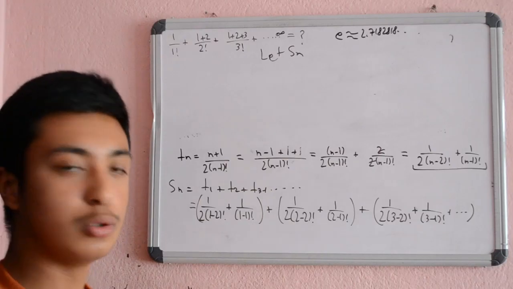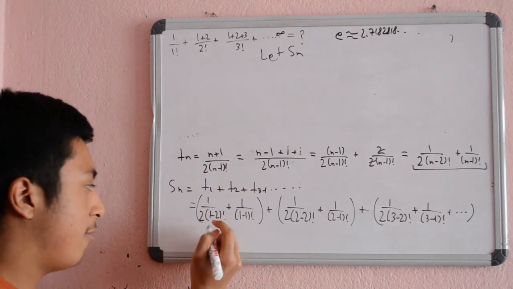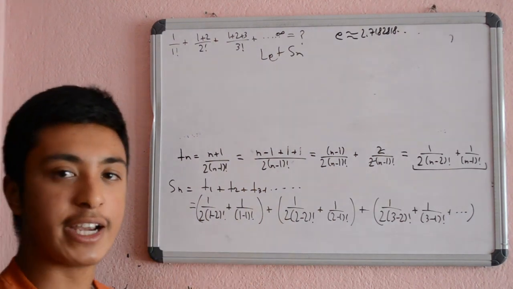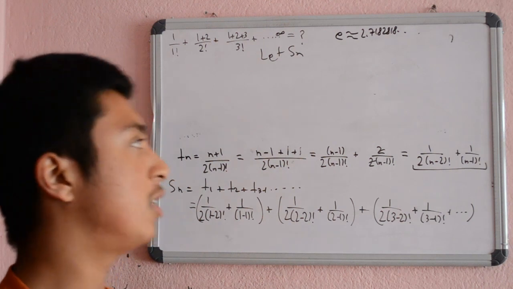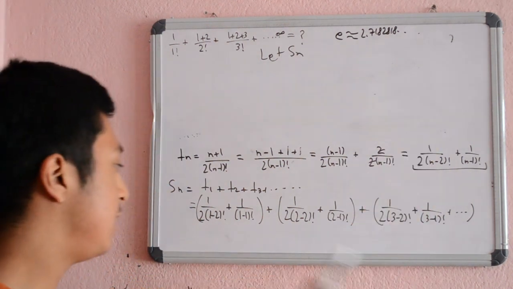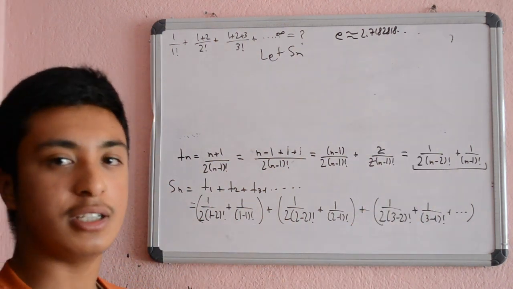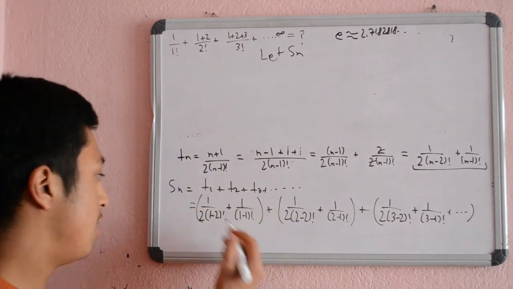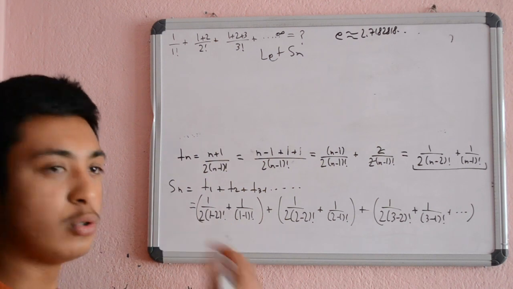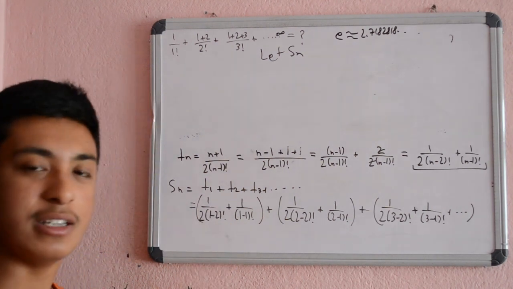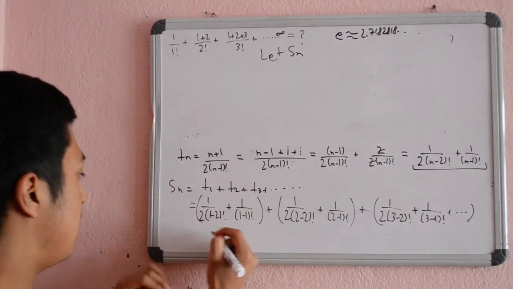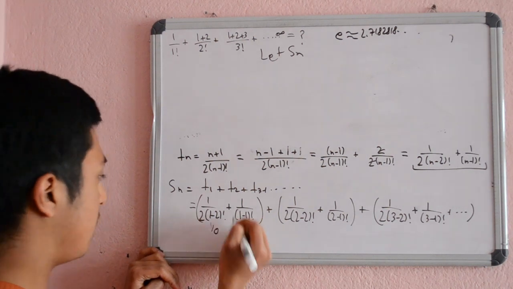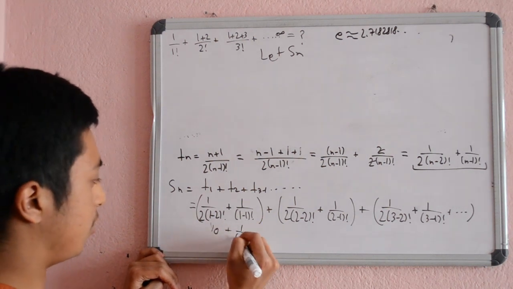So you can see we have (1 minus 2) factorial, which is a negative factorial. But just check out my last video and you can see the negative factorial is just 0 or infinity or negative infinity. Basically 1 by 2 into infinity or negative infinity doesn't matter, it is just 0. This part is just 0, that part is just 1 by 0 factorial.